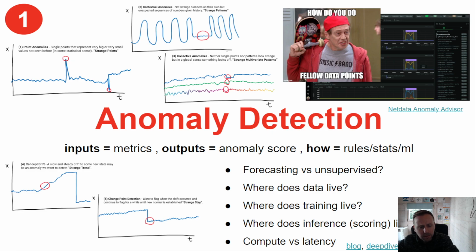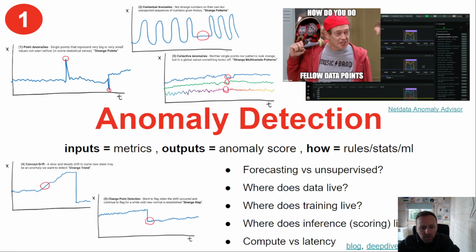That's what people typically do by default, but the problem there is forecasting is quite hard for time series metrics. So there's another approach which uses an unsupervised approach, which is a measure of surprise. You look at the data and you say, how strange is this data? Does this data look surprising, basically? This is an easier problem to solve, because it's easier to spot strange data than it is to build an accurate forecast model.